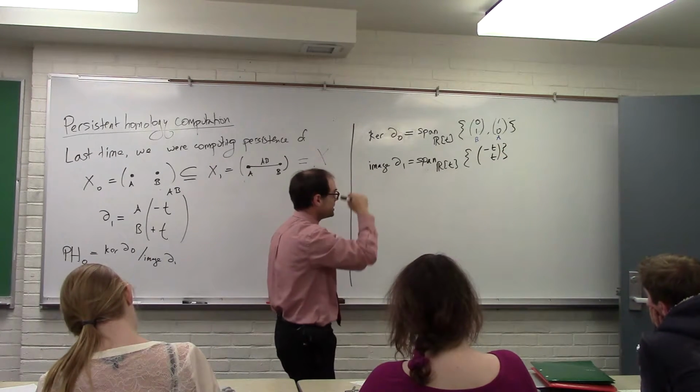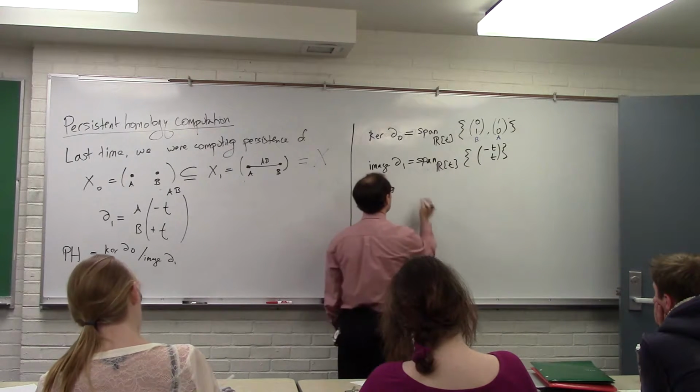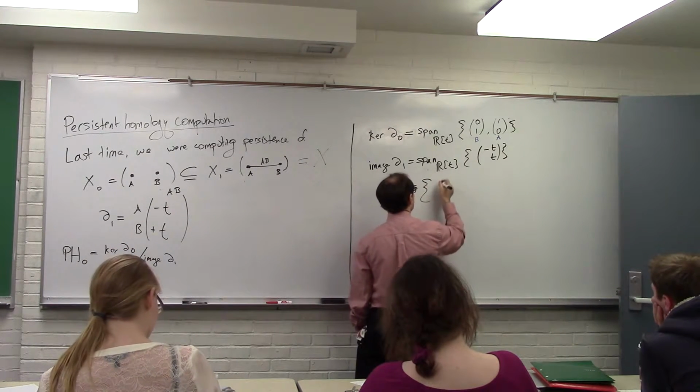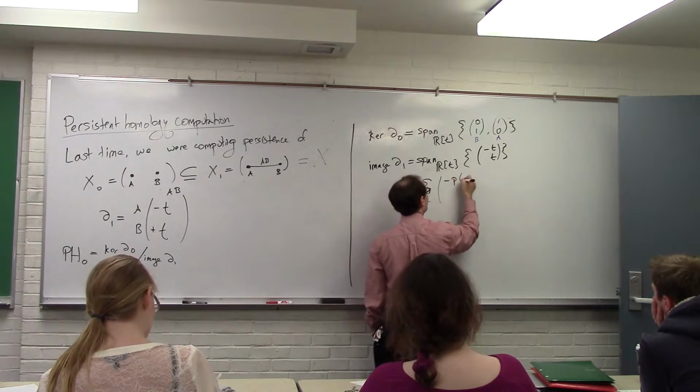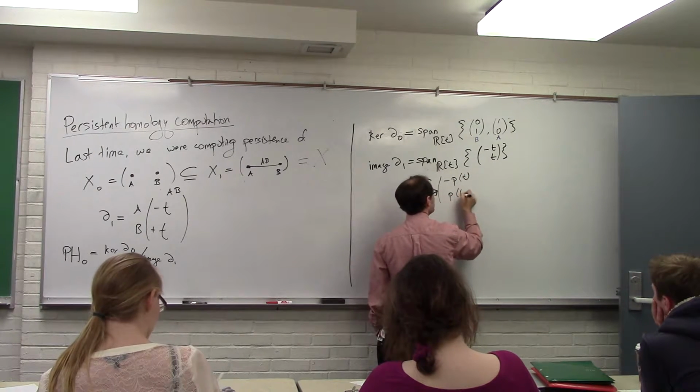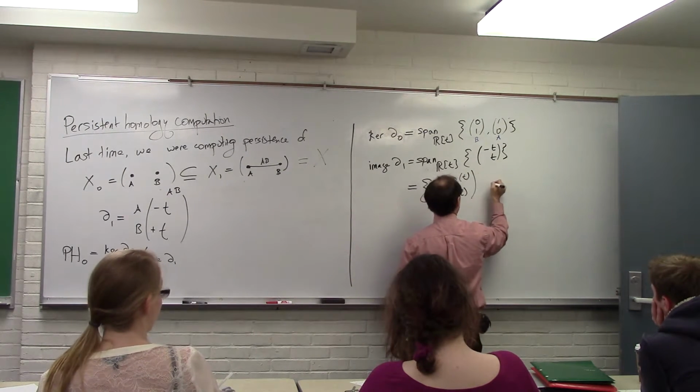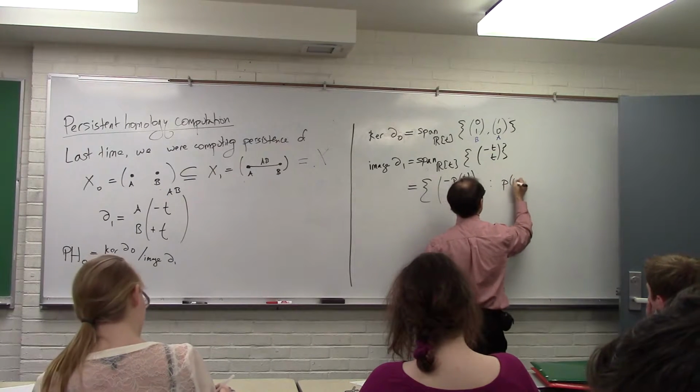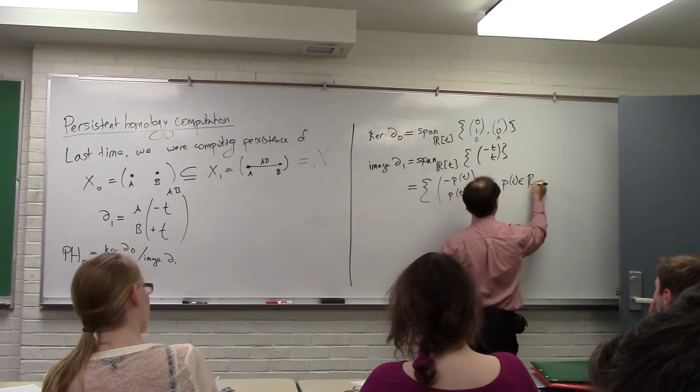Now let me write it out in terms of polynomials. Let me take a polynomial P. It's the set of all pairs of polynomials (-P(T), P(T)), where P(T) is a polynomial.